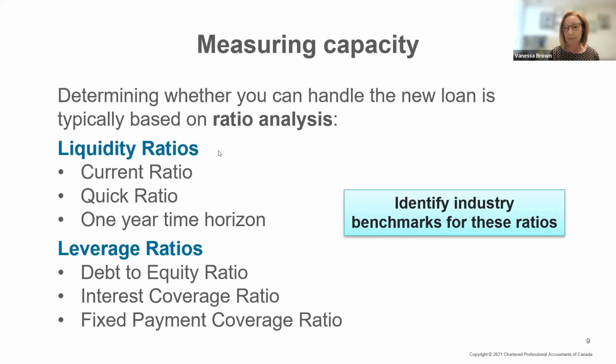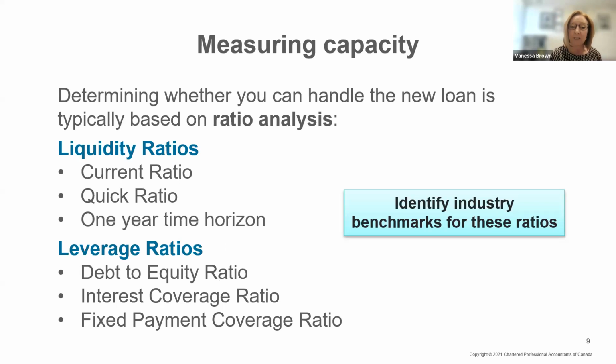How liquid is the business? How easy is it for the business to make repayment on those loans? So we have a current ratio, a quick ratio, and then a one-year time horizon for both the current and the quick ratio. And we have a leverage ratio, several leverage ratios.